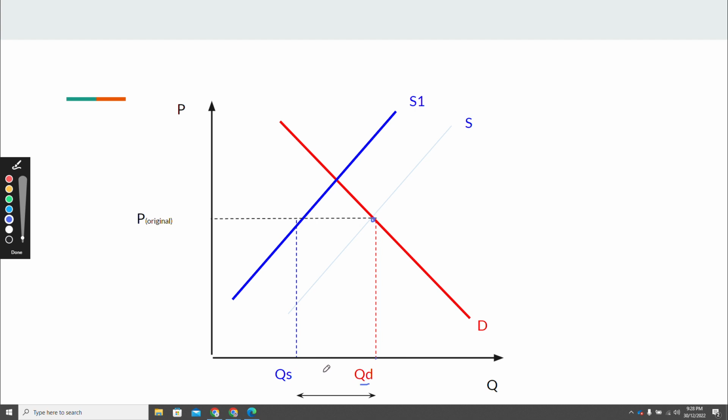So what that tells us is that quantity demanded is greater than quantity supplied. And we could actually measure this shortage. If quantity demanded at this price was 20 million cubes of gas and quantity supplied was 10 million cubes of gas, then the shortage would actually be 10 million cubes of gas that the market needs.